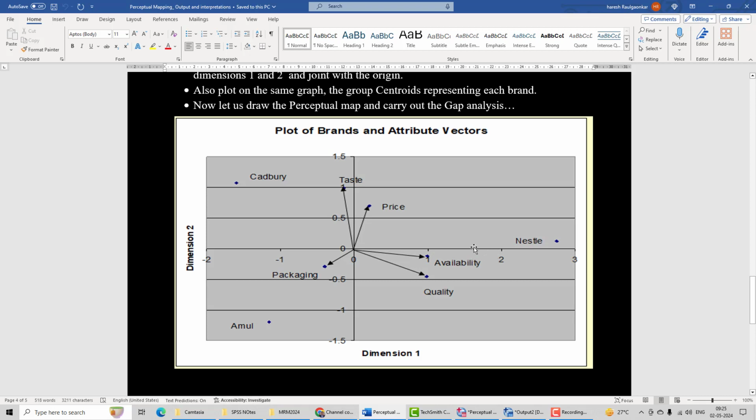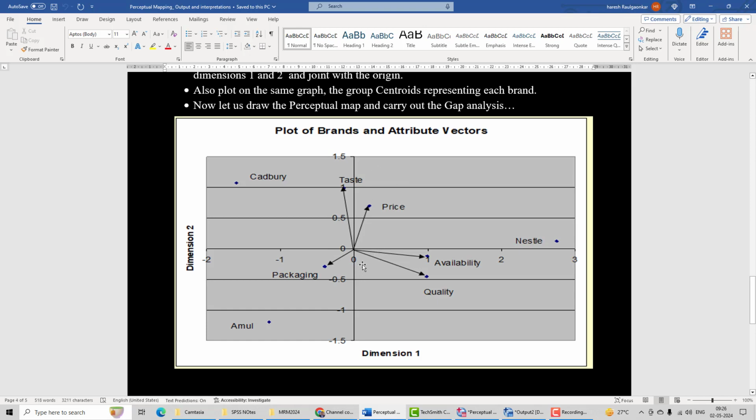So the x-axis can be said to be dominated by availability and quality, whereas on the y-axis, the higher components are taste and price, and packaging does not have any higher component on either of the axes.